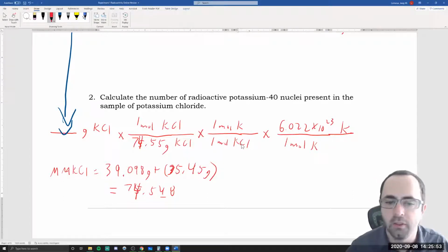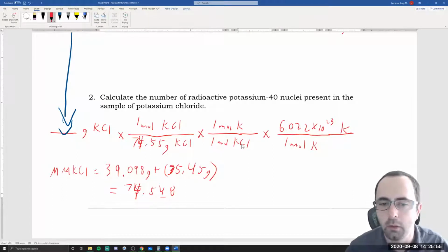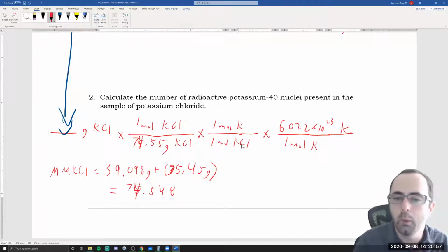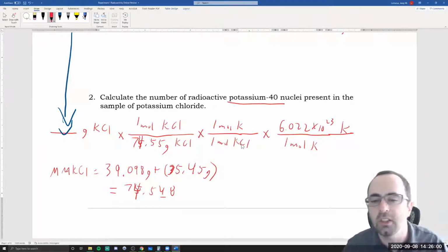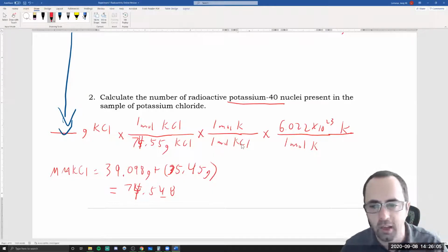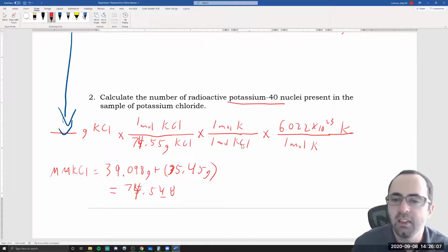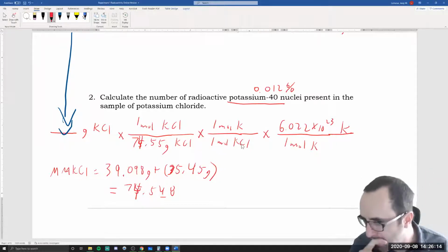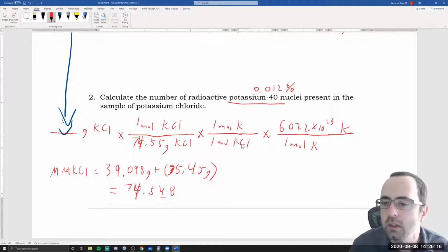And then finally, going back to the write-up, we were given a fraction or a percentage of all of the potassium atoms that are potassium 40 atoms. And that was 0.012%. But we want this as a fraction so we can multiply it by our number of Ks here. So we divide 0.012% by 100%.